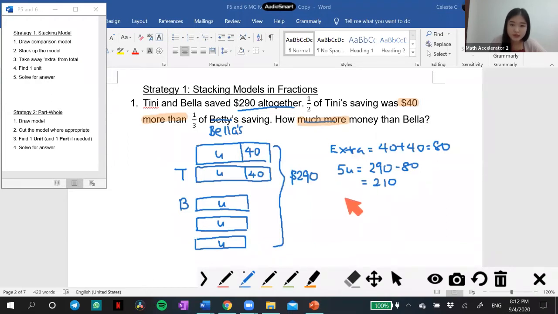So what is 1 unit? Yes, divide by 5. So what do you have? 42.